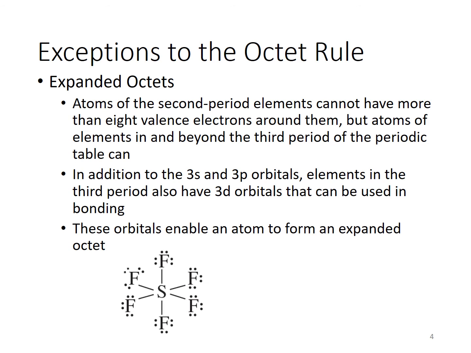So anything beyond carbon, nitrogen, oxygen, fluorine, neon, we have the ability now to expand the octet. And sulfur and phosphorus are going to be common examples of something that will expand the octet. So here you have sulfur hexafluoride. In order for sulfur to have 6 fluorines around it, it must have more than 8 valence electrons. Here it has 6 bonds, so it has 12 valence electrons, and that ends up being totally fine.